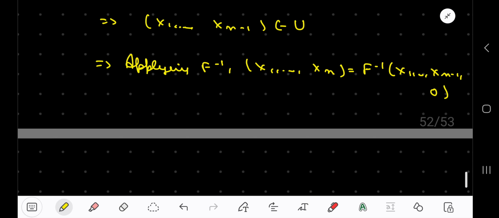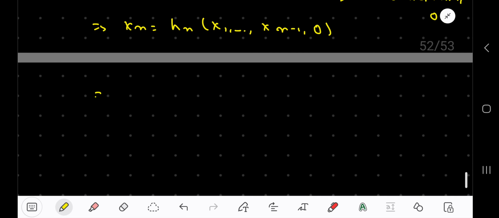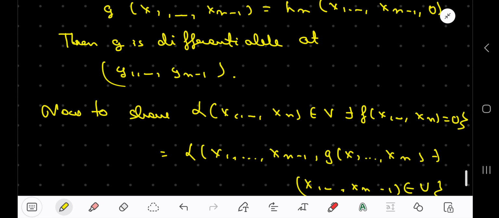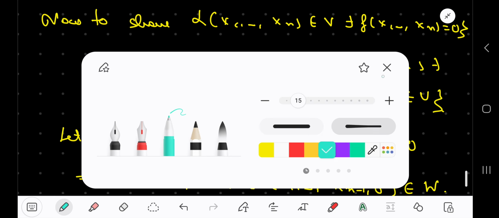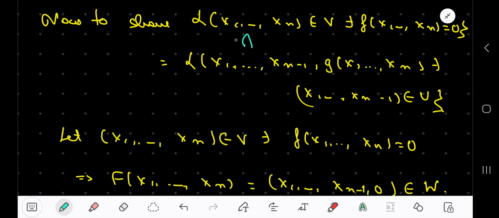But once we have this, this implies that xn is the image under Hn of this vector, but this is exactly G. Therefore we have a one-sided inclusion. I am not writing it anymore, I am just labeling it here. So what we proved is that this is contained here.